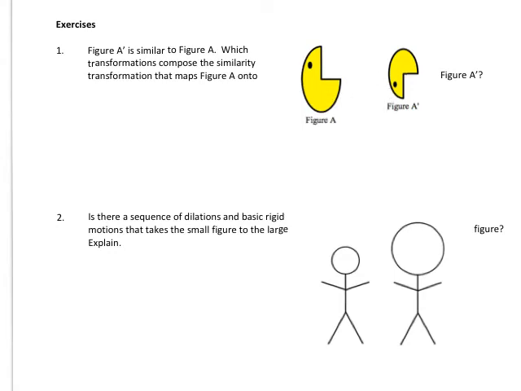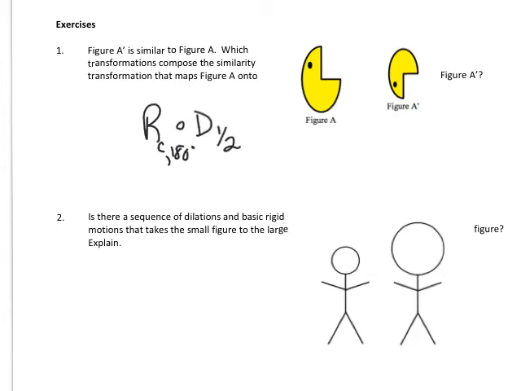So if I write this out, I could say, let's say my scale factor is 1/2, and then I'm also rotating that about a center point, let's call that C for center, and it looks like 180 degrees. So I'm rotating it about itself 180 degrees, and I dilate it by 1/2.